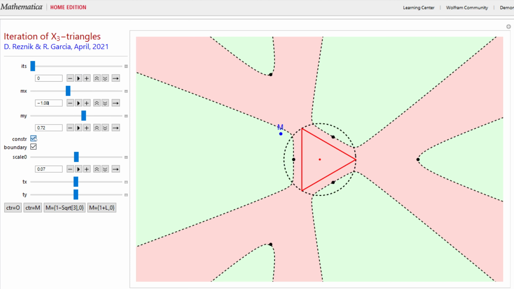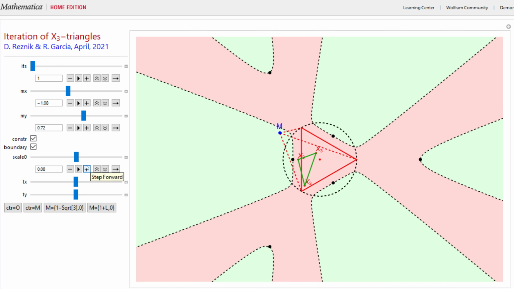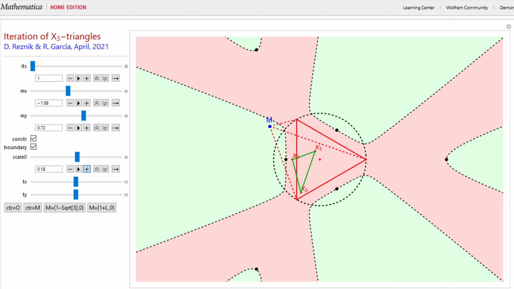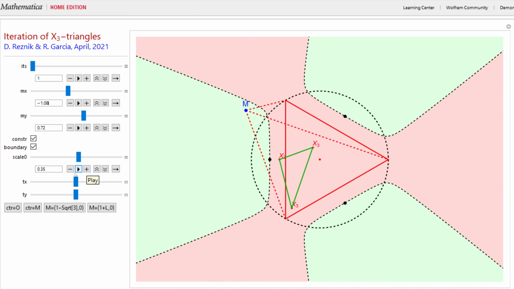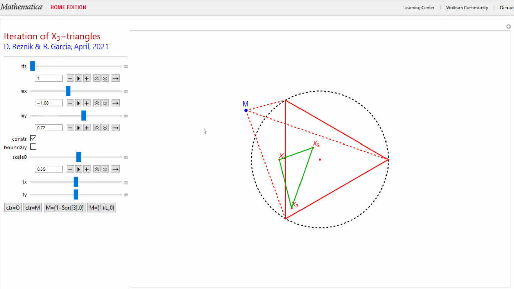So I'm going to go to construction, and this is usually when my simulation freezes. But let's try to look at this. So let's focus on the central area here. I'm going to take off the boundary for now, and I'm just going to nudge M toward the circumcircle. And let's look at what happens to my first iterate.